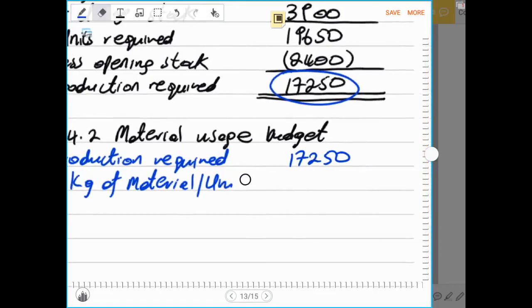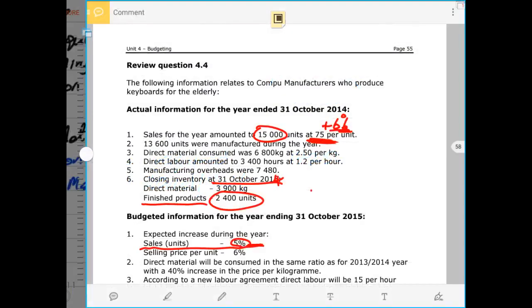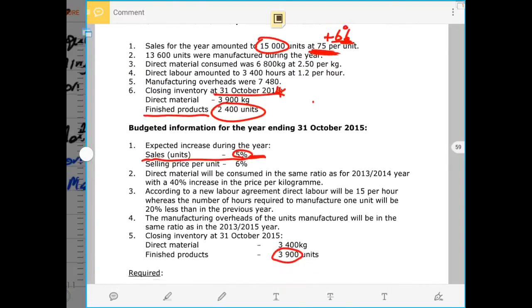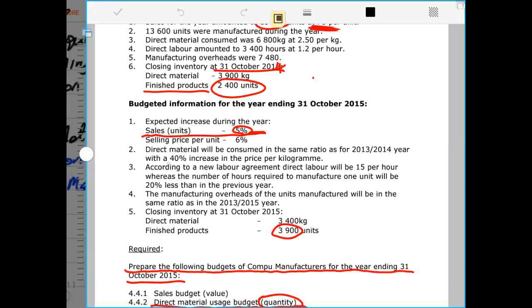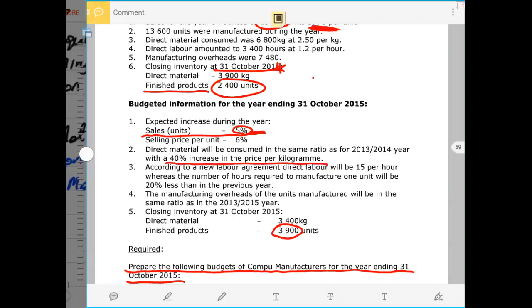Let us check if we are able to find the kgs of material that are needed to manufacture these units. Let us go and check from our given information. From the budgeted information, there is nothing that speaks about the kgs of material per unit. We only have 40% of the increase in the price per kg, and we'll do that later.